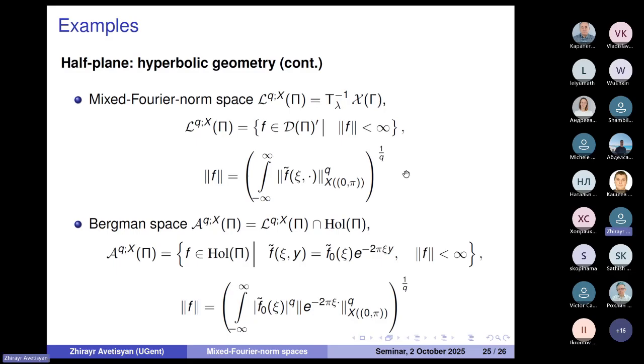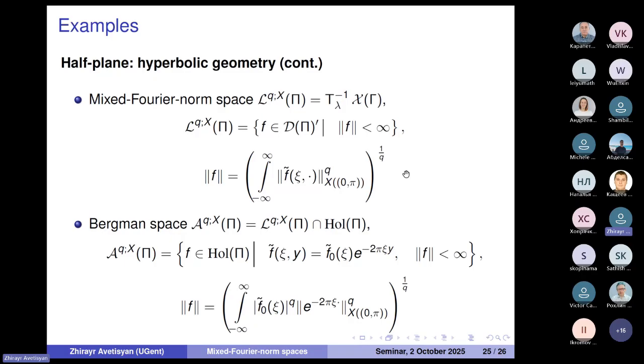Right. More precisely, the mixed Fourier-norm space now becomes, by definition, the pullback of the mixed Fourier-norm space on the model. Precisely, this is simply the space of all distributions on the half plane of which the following norm is finite. The norm is again a typical mixed norm.